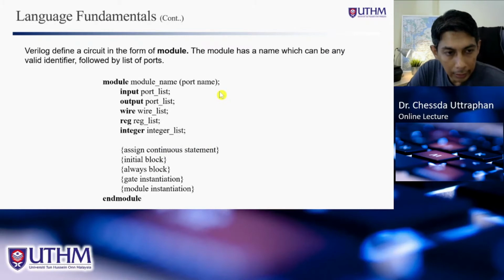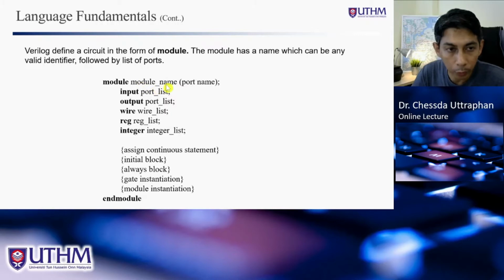And this is the general structure of the Verilog code. Normally our Verilog code will look like this. To start our code, we need to start with module. Bold here means that this is Verilog syntax. The module name can be any name, meaning your circuit name, but the name must be one word.